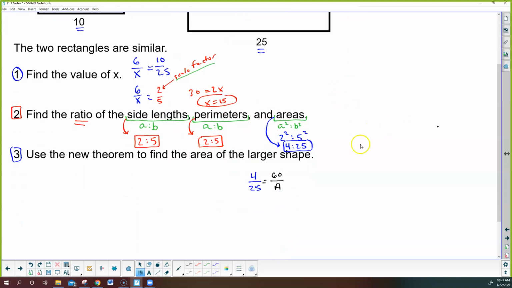I'm going to add a couple little notes here just so we are kind of looking at what we're doing. So I'm going to compare the area of the small shape over the area of the large shape.